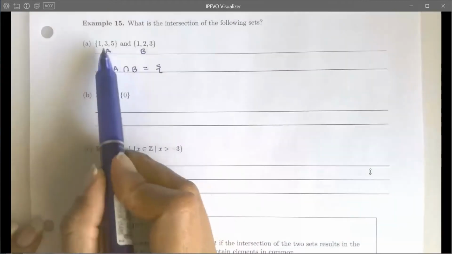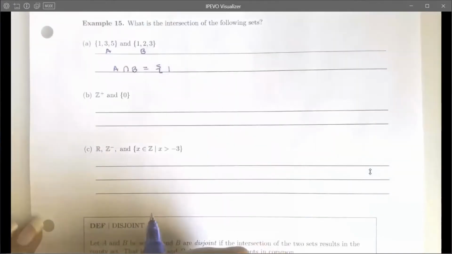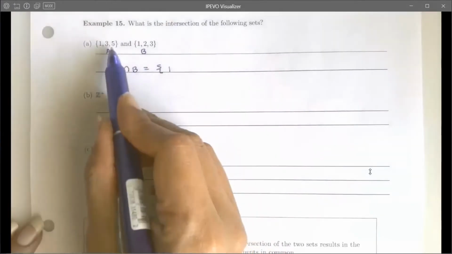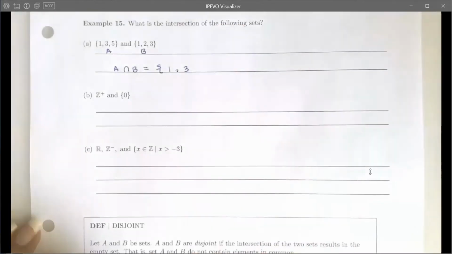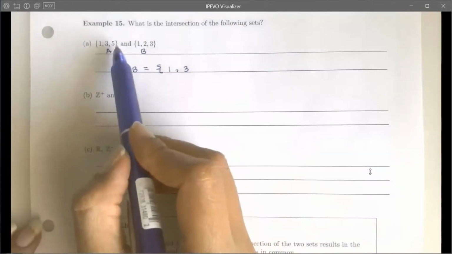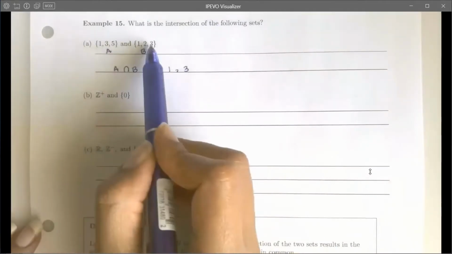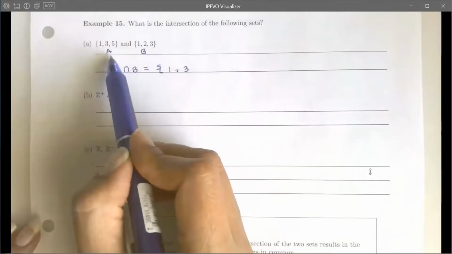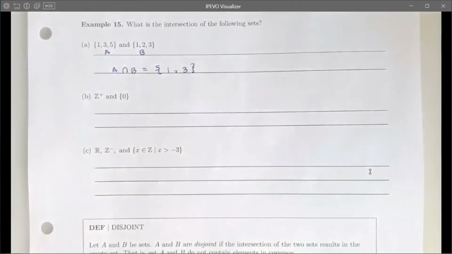So for instance, 1 is present in both A and B, so 1 would be part of the intersection. 3 is present in both A and B, so it's part of the intersection. And then 5 is not present in B, so it can't be part of the intersection. And 2 is only part of B, but not part of A. So therefore, the only elements that are part of A intersect B are 1 and 3.